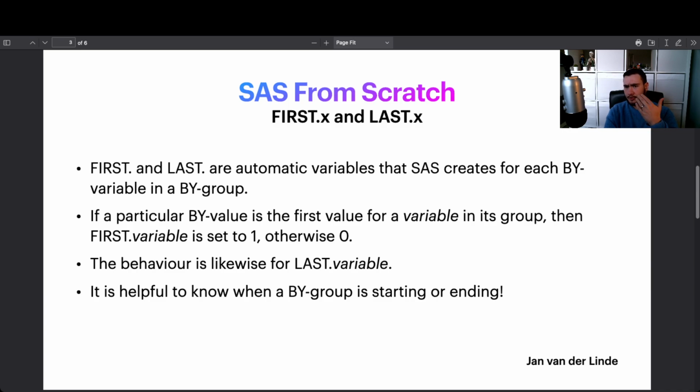And when we move to the code, we'll start to see examples of that. It is really helpful to know when your by group is starting or ending, because it tells you stuff about your data. We'll see on the next slide what we can infer from the combination of the first and last flags.